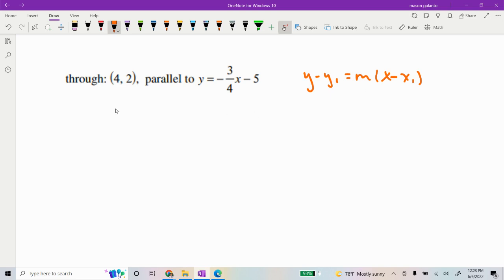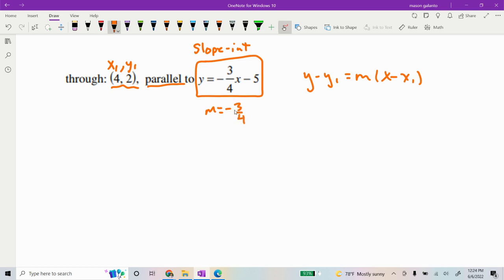So the information that we're given is the line passes through this point, x1, y1, and is parallel to this equation. One thing to note here is this form is slope-intercept form. So I can go ahead and figure out what my slope is. My slope is negative 3/4 for this equation.